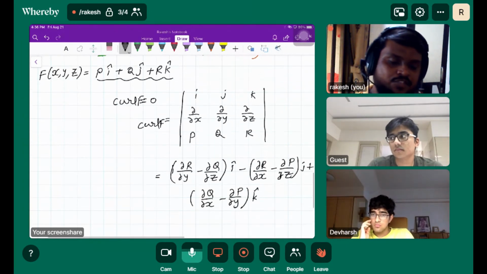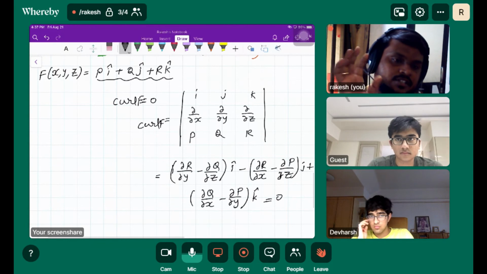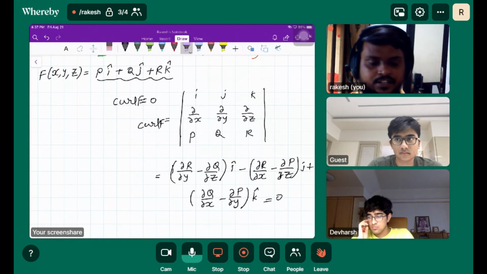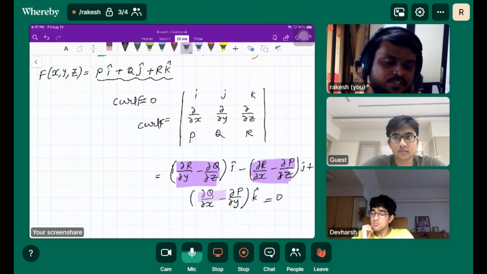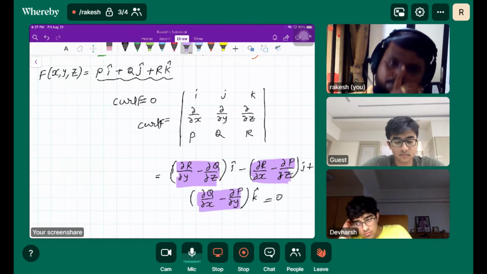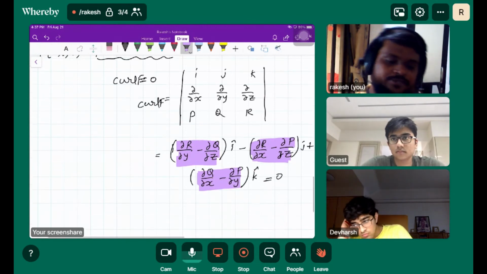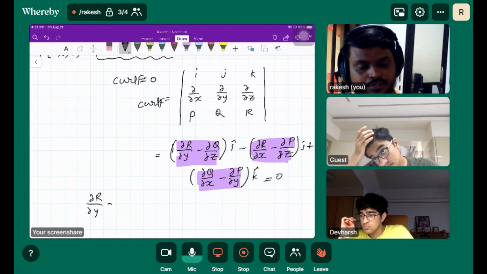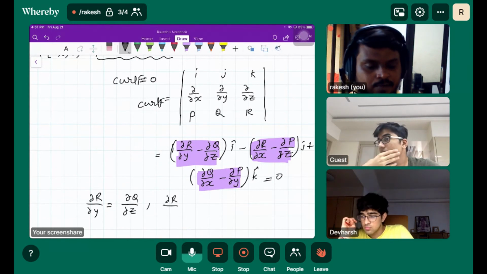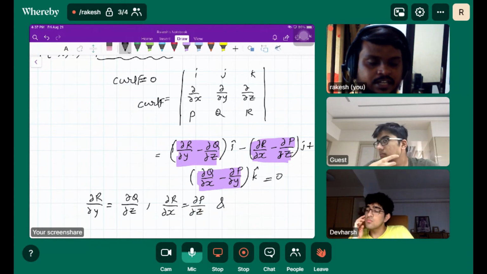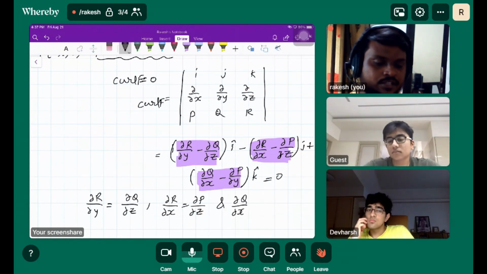This has to be zero if the given vector field is conservative vector field. It means that difference must be zero. Means del r upon del y should be equal to del q upon del z, del r upon del x should be equal to del p upon del z, and del q upon del x should be equal to del p upon del y.